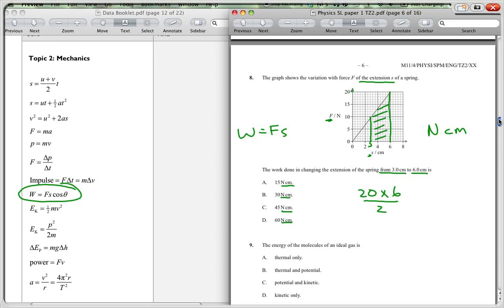And then I'm going to subtract the blue part, that's going to be 10 times 3 divided by 2, because it's a triangle going up to 10 and along to 3. That is going to be 60 minus 15, which is equal to 45. So I have got C.